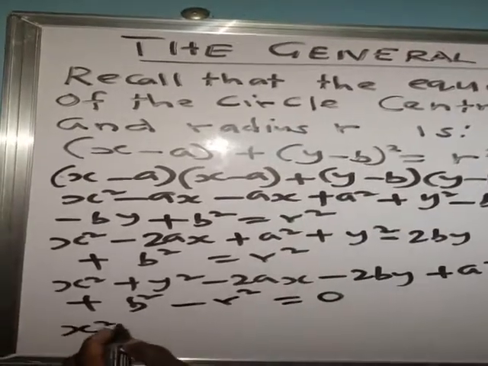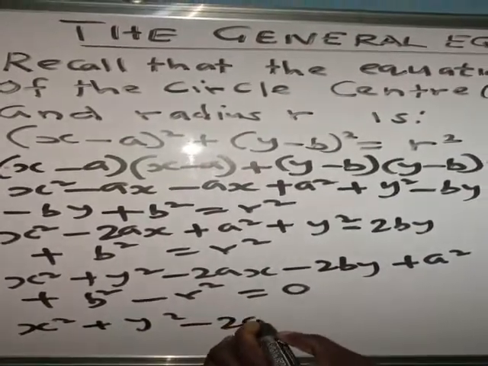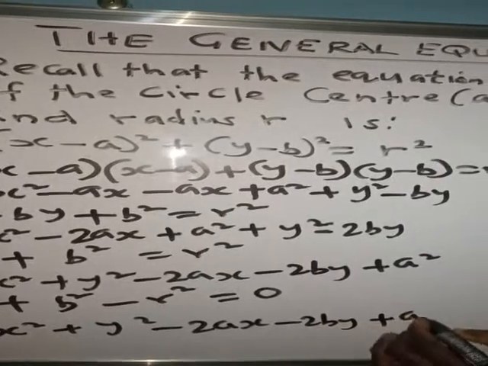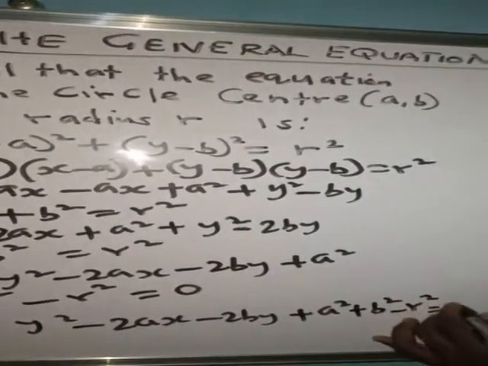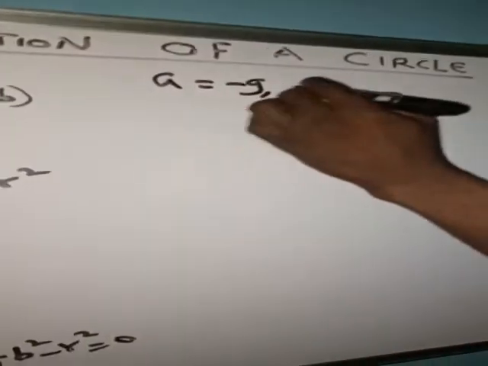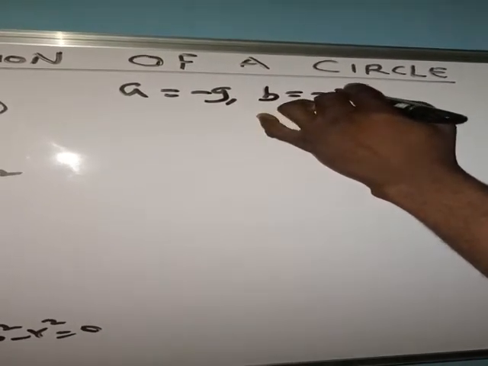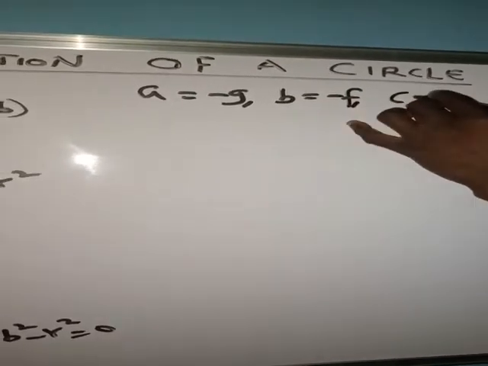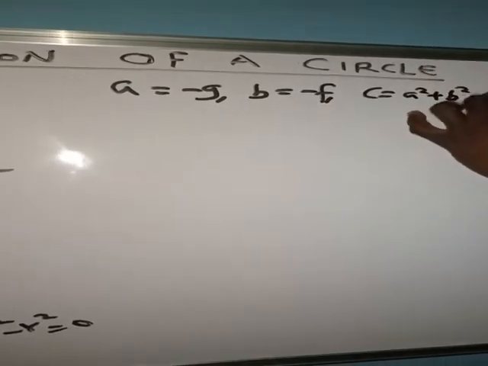So x² + y² - 2ax - 2by + a² + b² - r² = 0. Now a is equal to minus g and b is minus f, and you also have that c will be a² + b² - r².